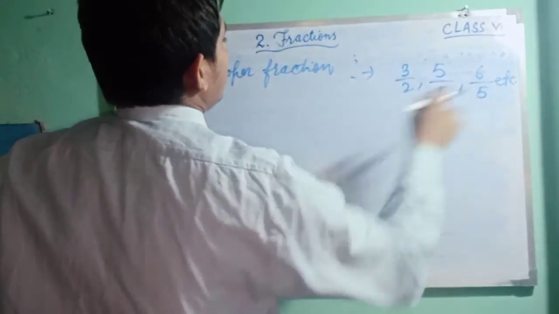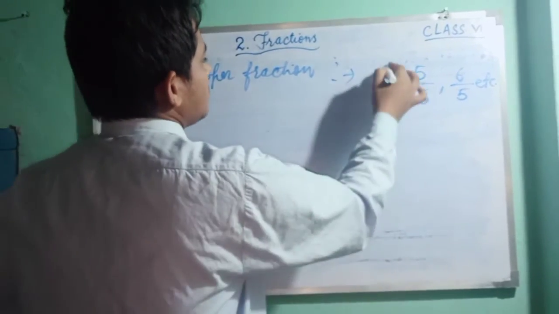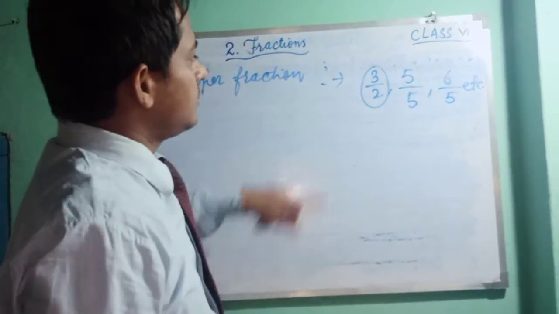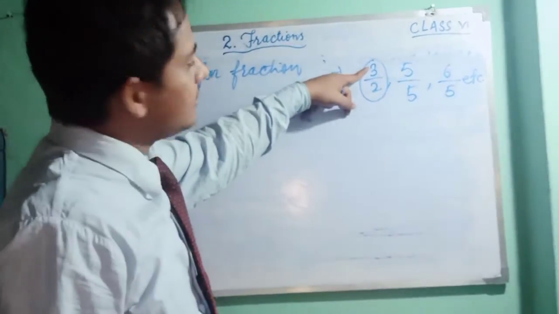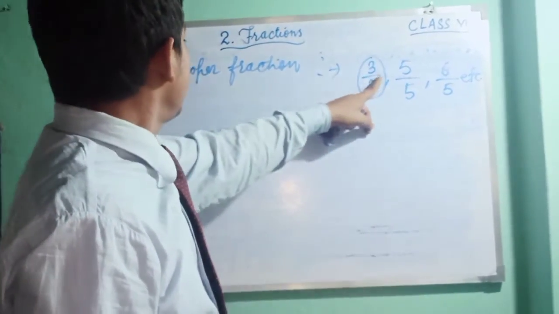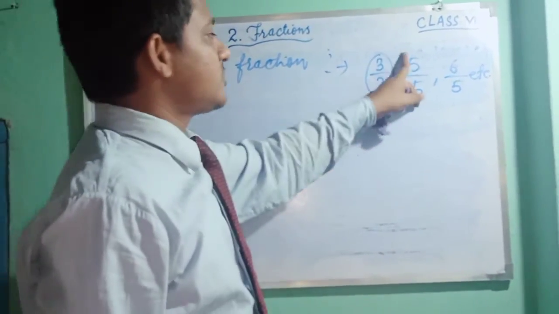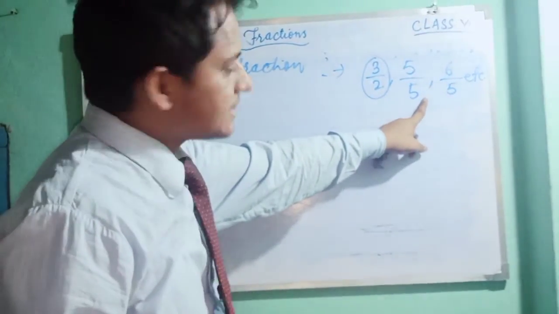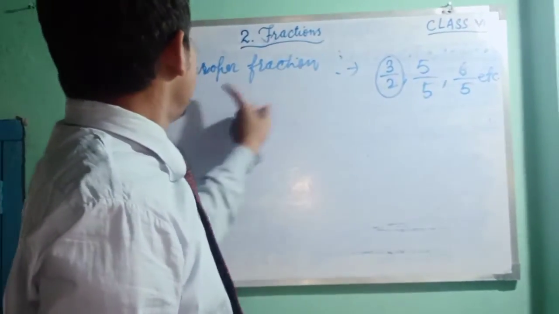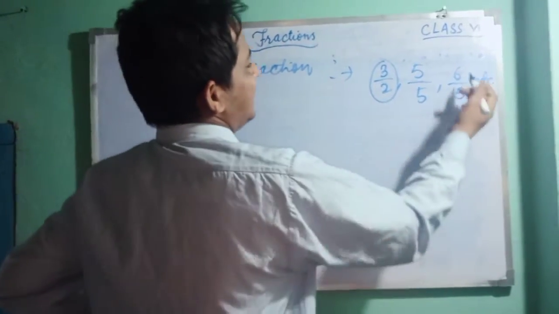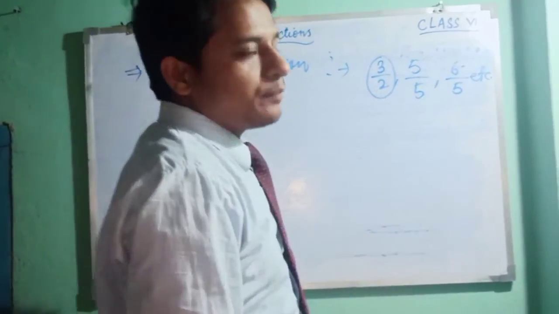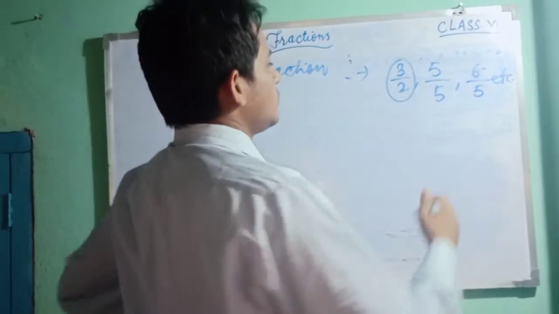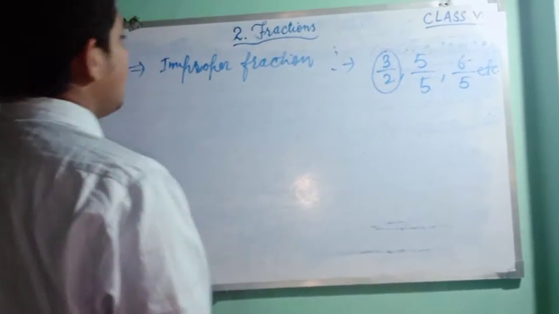These are examples of improper fractions because in this fraction numerator 3 is greater than 2. So this is why it is an improper fraction. This is 5 by 5. Here numerator and denominator are both the same, so this is why it is an improper fraction. And similarly 6 is greater than 5, meaning the numerator is greater than the denominator, so this is called an improper fraction.